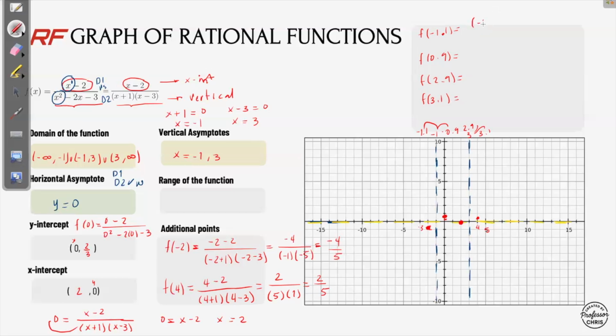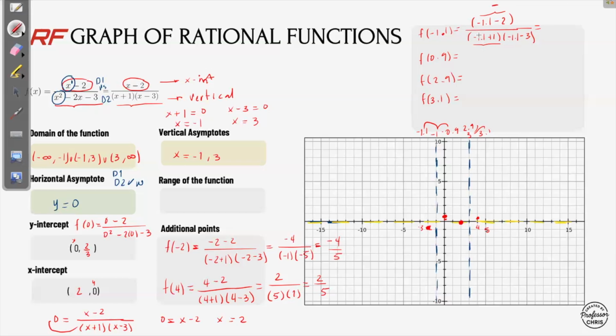So if I substitute -1.1: -1.1 minus 2, and down here -1.1 plus 1 times -1.1 minus 3. The thing here is that we're going to try to stick to the signs. So this number will be negative.